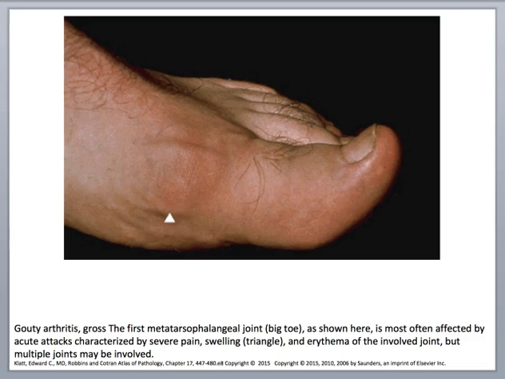Classically, gout flares occur at the first metatarsal phalangeal joint, as shown here, and are characterized by the classic signs of inflammation, pain, swelling, and erythema or redness of the involved joint.